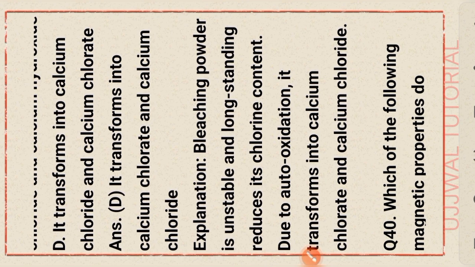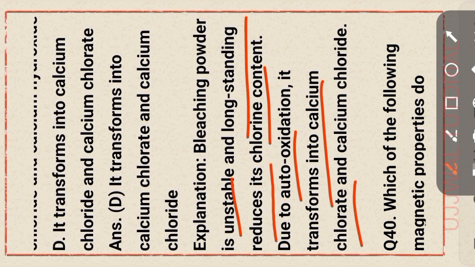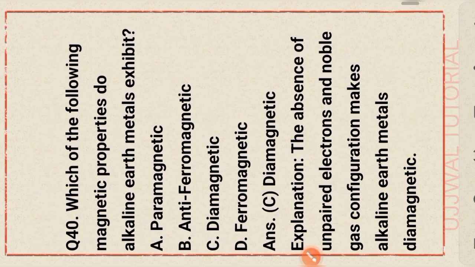Due to the explanation, bleaching powder is unstable on long standing, reducing its chlorine content. Due to auto oxidation, it is transformed into calcium chloride and calcium carbonate.